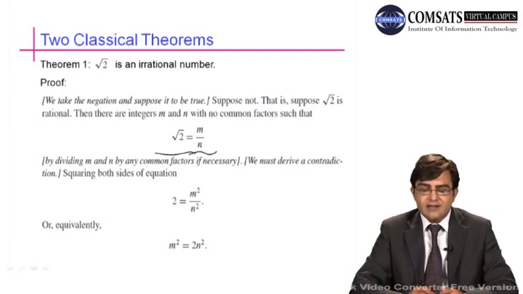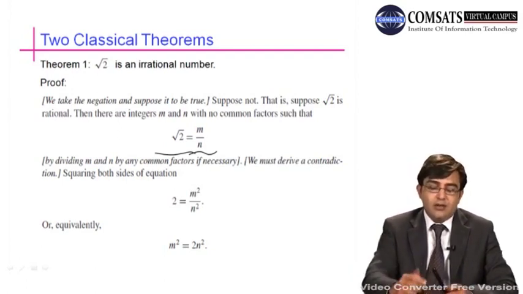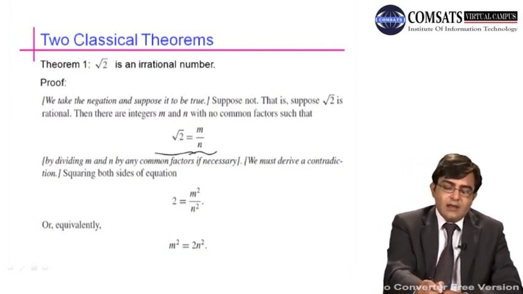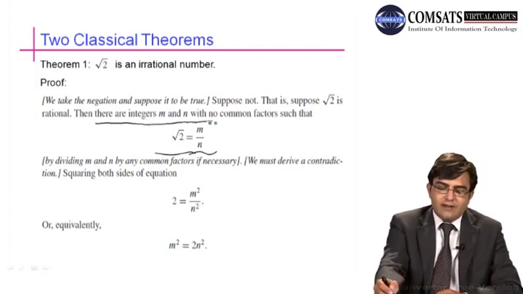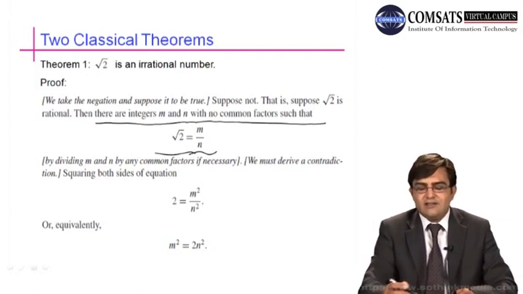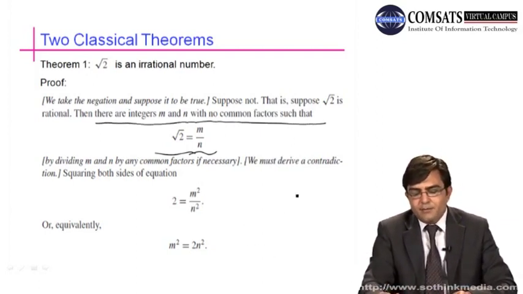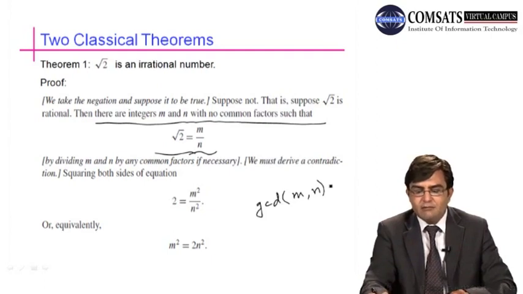We have imposed another condition on m and n, that there are integers m and n with no common factors. With no common factors means that m and n must be relatively prime, meaning the GCD of m and n must be 1.